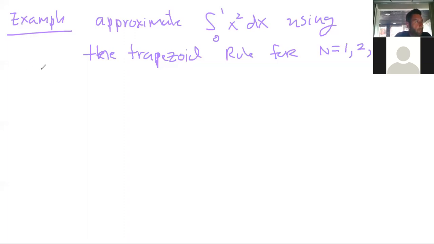So let's recall our rule. It can't hurt to just write it down a few times so as to not mess it up over and over again.